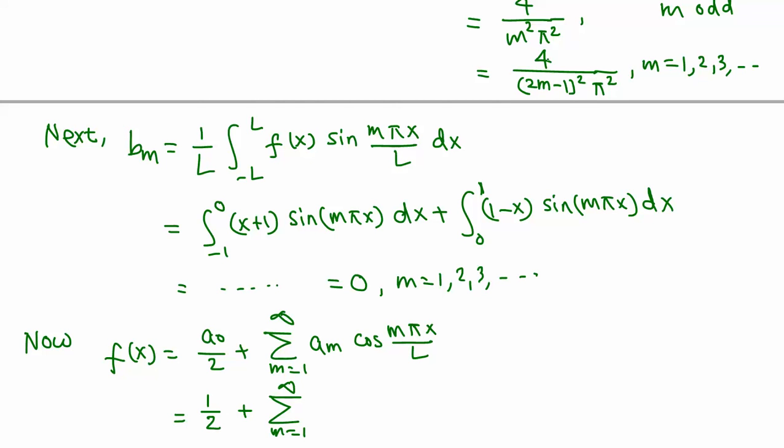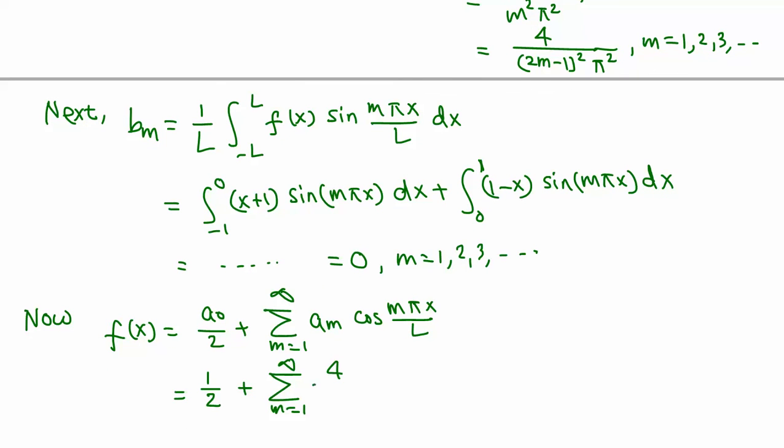The a_m's are nonzero for m odd, and we found that to be 4 over m square pi square. But that was for m odd, so we change that to 4 over (2m minus 1) square pi square, cosine m pi x over L. L is 1, but m is just odd, so we have to go for the same thing, 2m minus 1. So this is cosine of (2m minus 1) pi x.